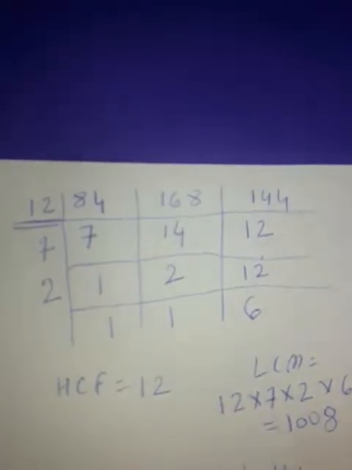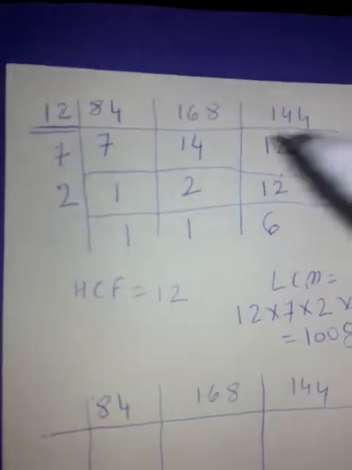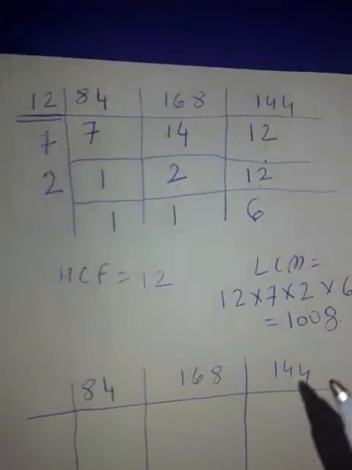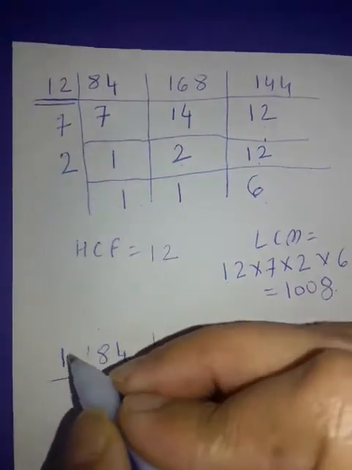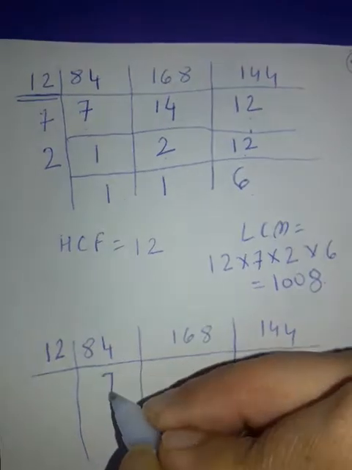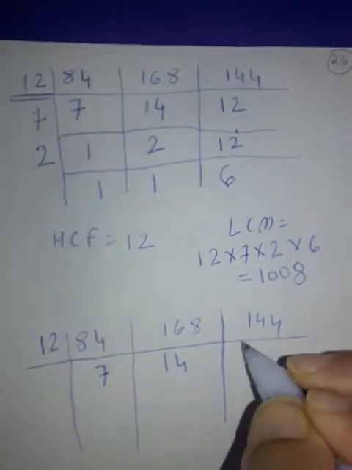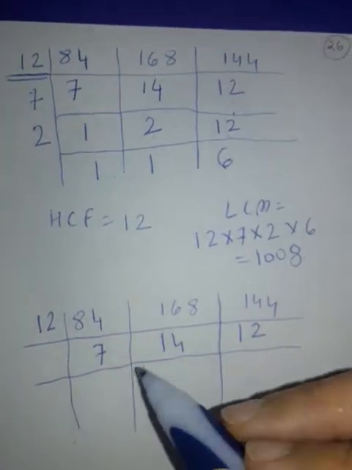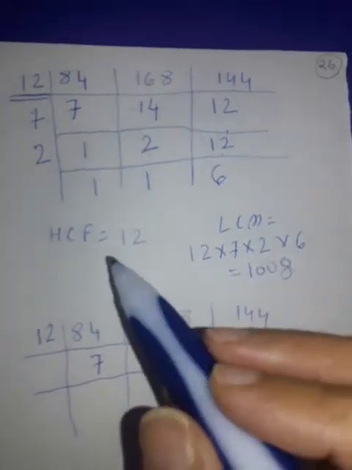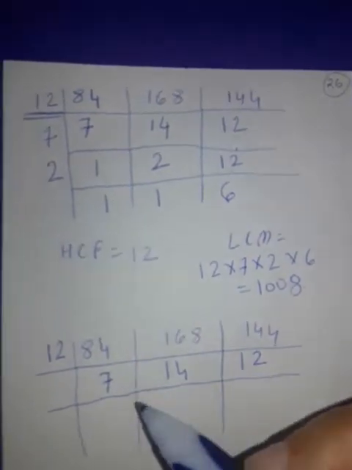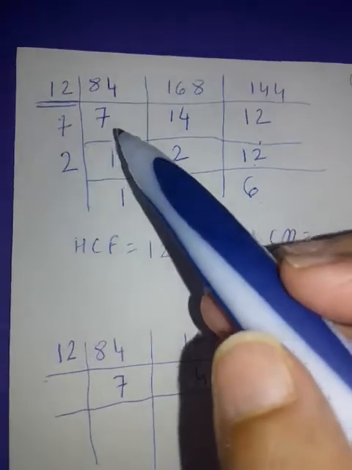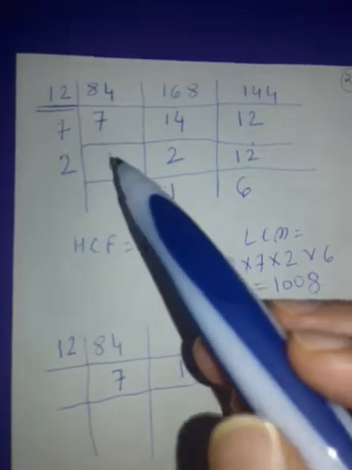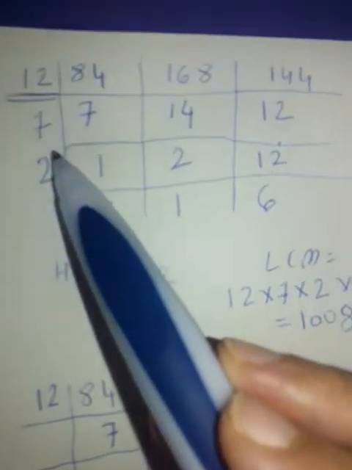HCF becomes 12. Now I am going to cover the same example here for a different purpose. Our first step was this, that you already understood. And I stopped here and concluded that my HCF is 12. But in the next step, I found a common factor between 7 and 14, which is 7, and hence I took common factor 7.